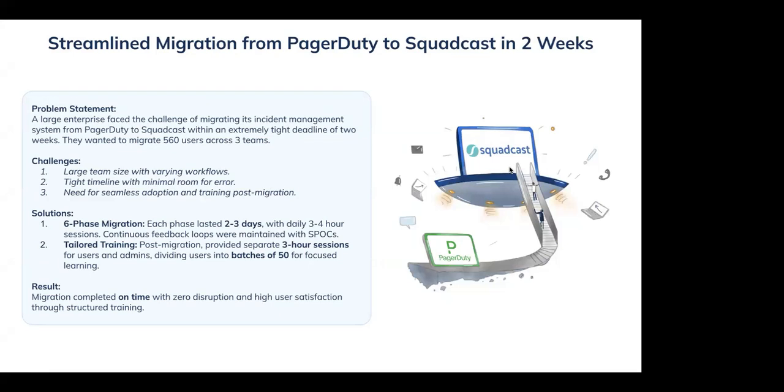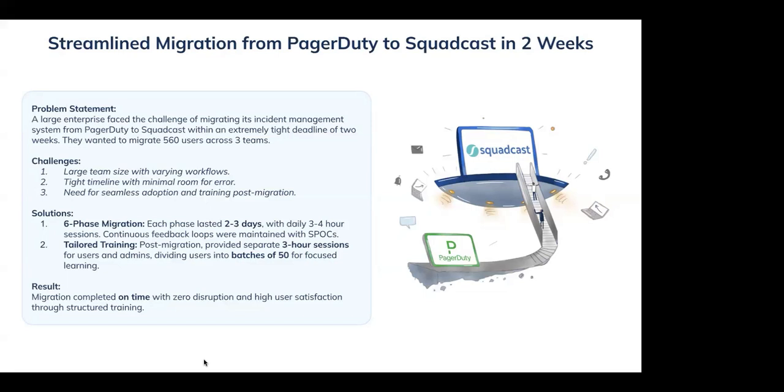Perfect. Thank you. So we had a challenging task of migrating 560 users from PagerDuty within just 2 weeks. To tackle this tight timeline, we engaged with the team leads and managers to understand their specific needs, which helped us create an effective implementation plan. We divided the entire migration process into 6 phases, each lasting 2 to 3 days with 3 to 4 hours of work each day.